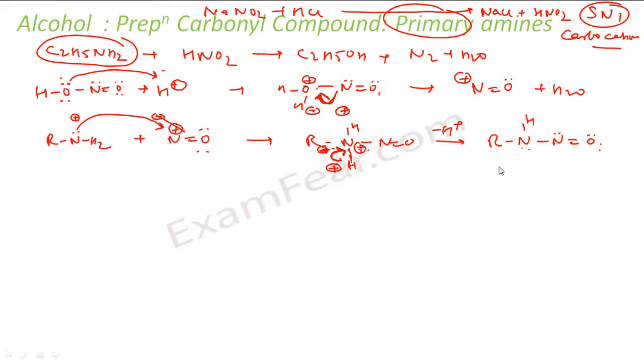Now we'll see something called tautomerization. Right? So this, now if you see, will go here. This bond will break. See what will happen is, oxygen is electronegative, it will take electron toward itself, slightly negative, slightly positive charge.